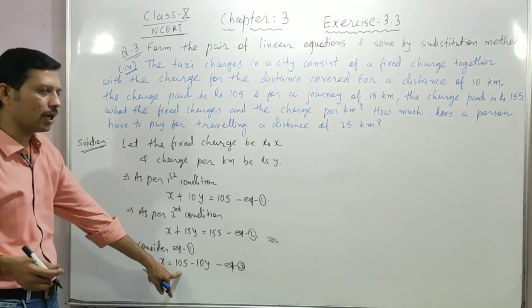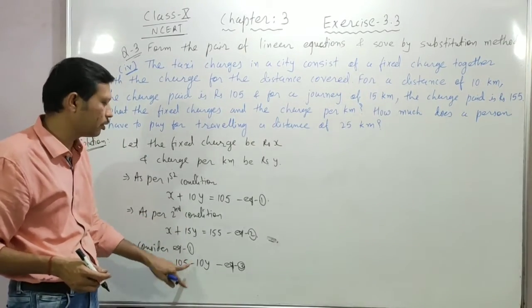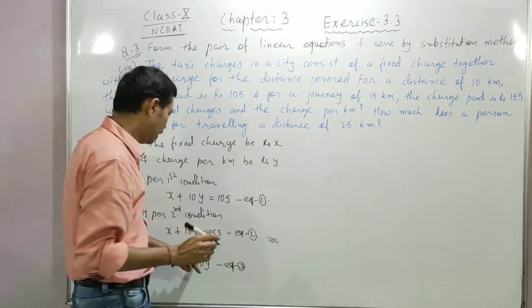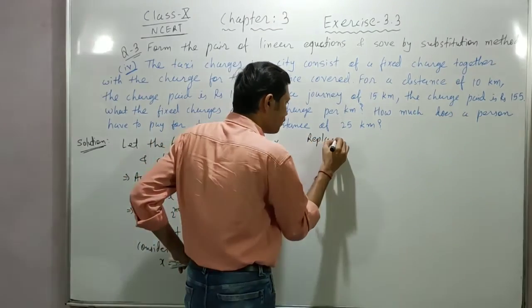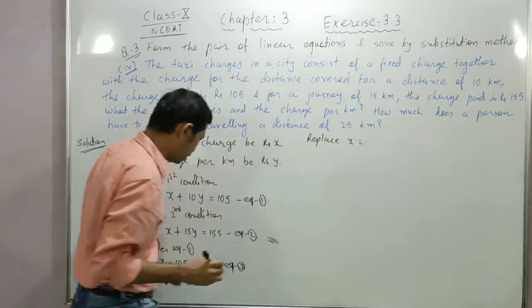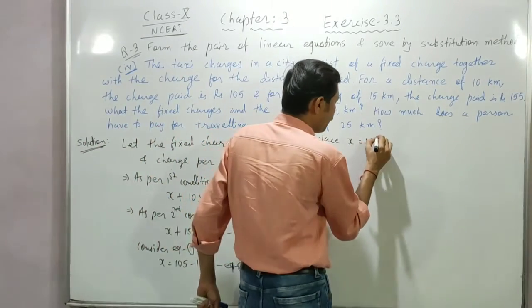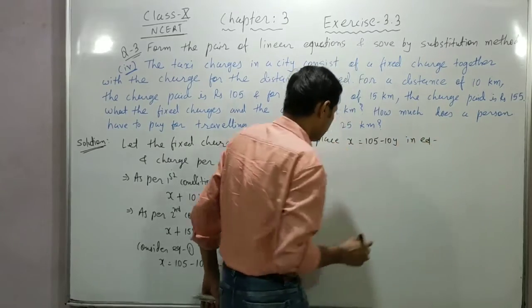Now we will replace this value of x, which we derived from equation number 1, in the remaining equation, that is equation number 2. Let's do it. Replace x equal to 105 minus 10y in equation number 2.